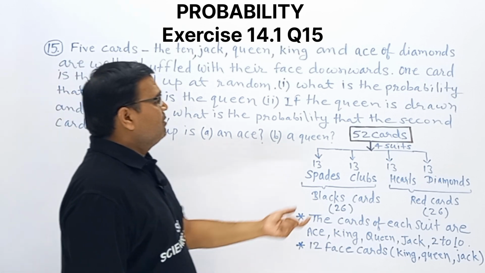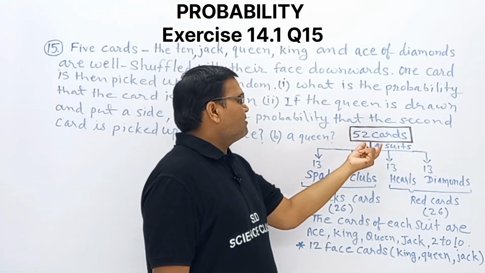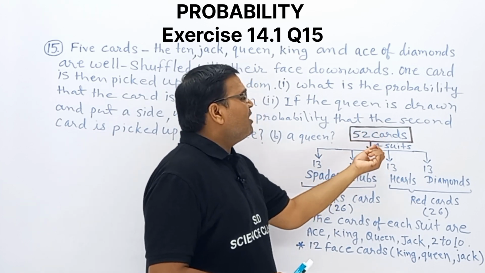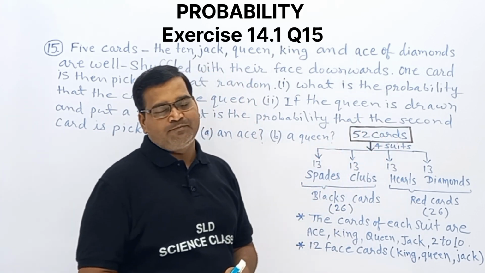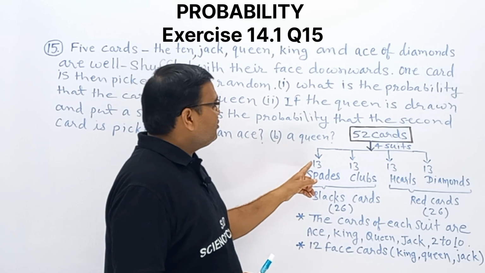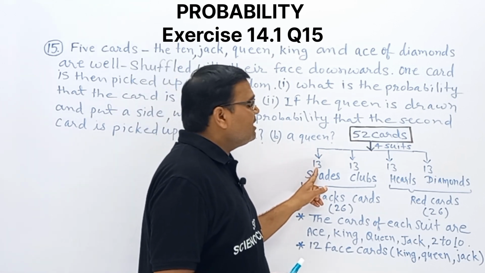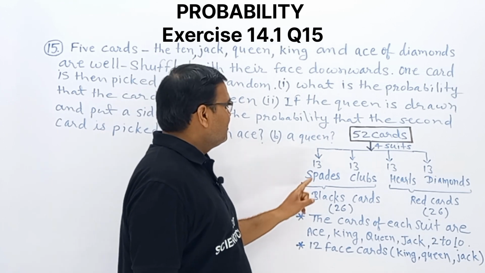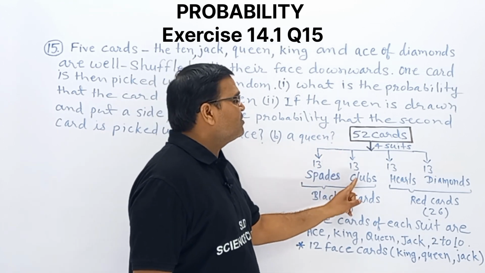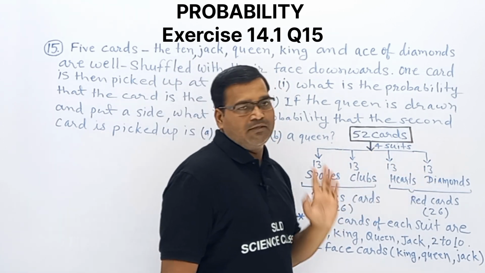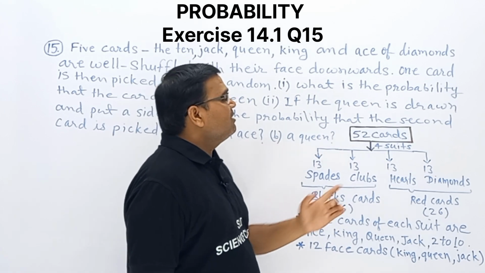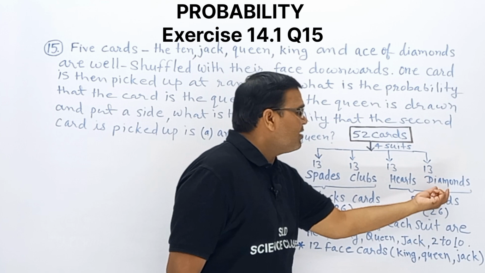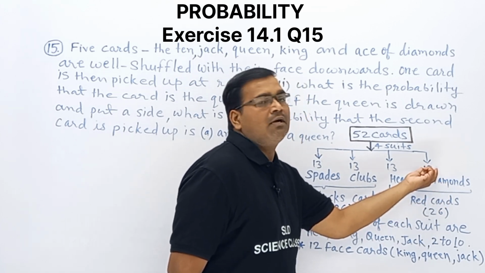We are having a deck of 52 cards. In 52 cards we are having 4 suits. In each suit we are having 13 cards, and these suits are spades, clubs, hearts and diamonds. In diamonds we are having 13 cards.